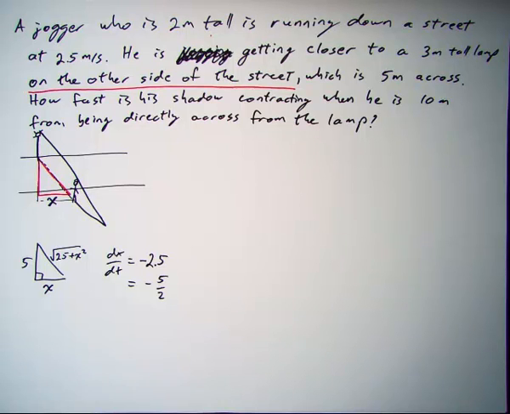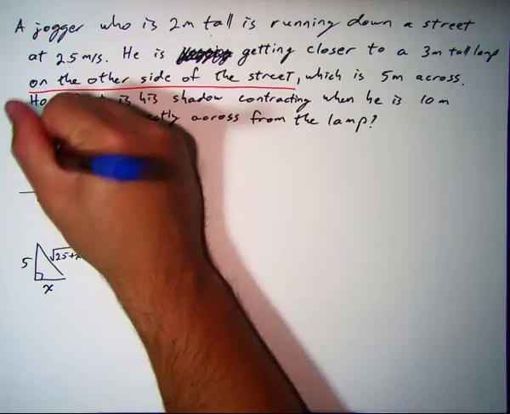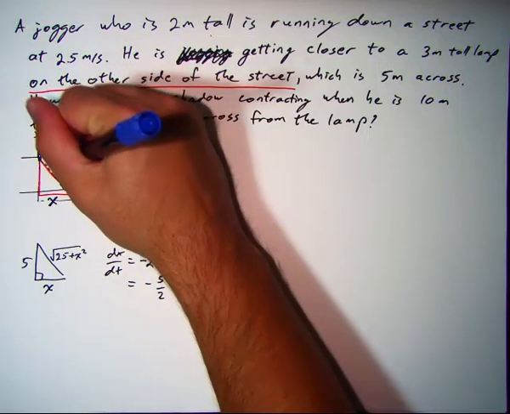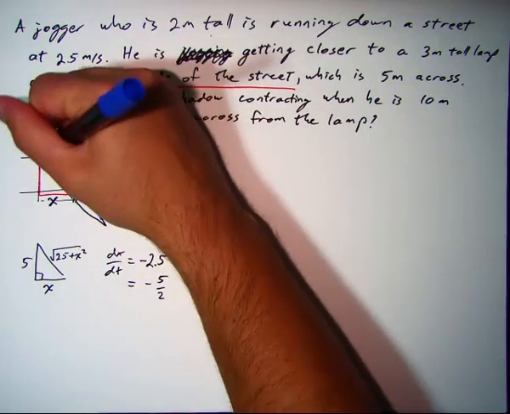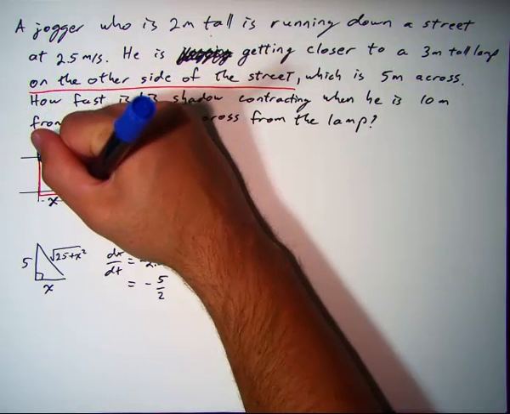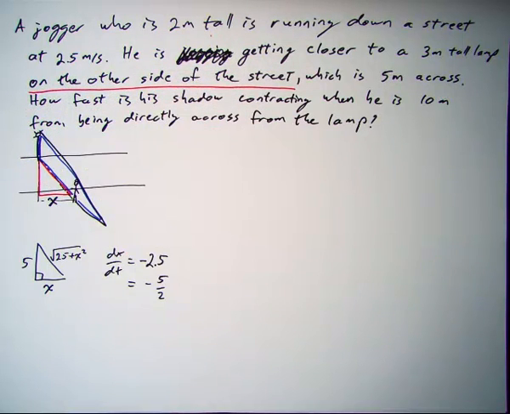The other part, pardon me, is the vertical component of the question. The vertical component is the lamp going up here, the light shining down to create the shadow, this distance plus the shadow itself.